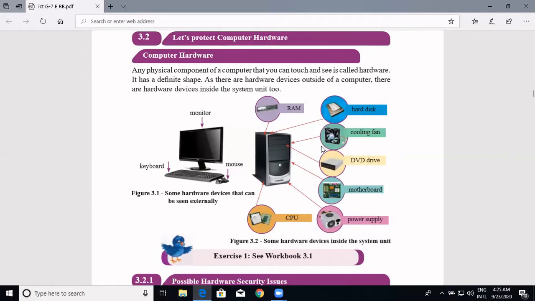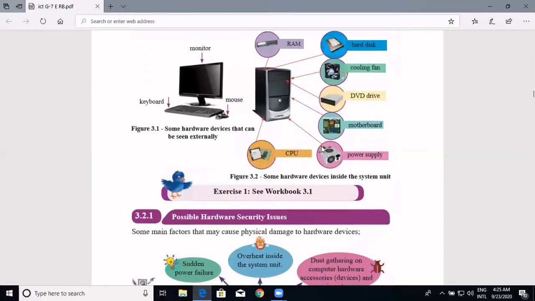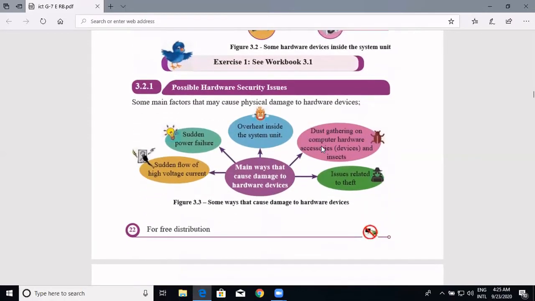If you think about portable hard disks, DVDs, CDs, the storage devices, all these things which you can touch can be considered hardware. So any idea of the possible hardware security threats or issues you can have? For example, there can be a sudden flow of high voltage current, so all the devices can be burned.